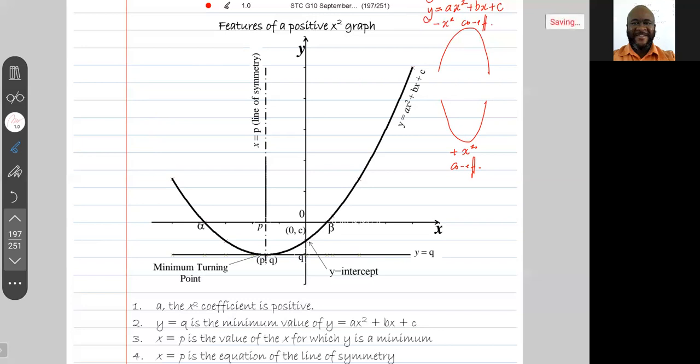Now, the first feature of this graph is this: a, which is the x squared coefficient, is positive. So this could be something like y is equal to, let us say, 2x squared plus 3x plus 2. Or in this case, minus 2. All right, so the graph of that equation that I just wrote could look something like this.